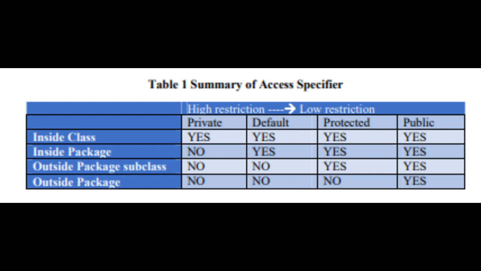In this example, you can see that there are two classes, Property and Car_main, inside the package test.